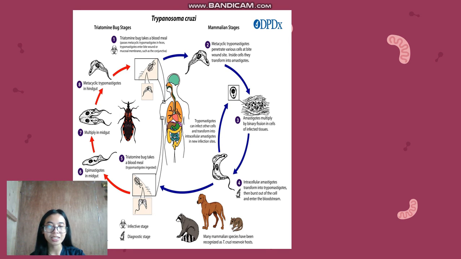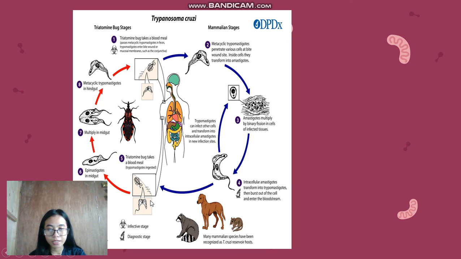So the amastigotes multiply by binary fission in cells of infected tissues and differentiate into trypomastigotes. The trypomastigotes infect cells from a variety of tissues and transform into intracellular amastigotes, then burst out of the cell and enter the bloodstream.